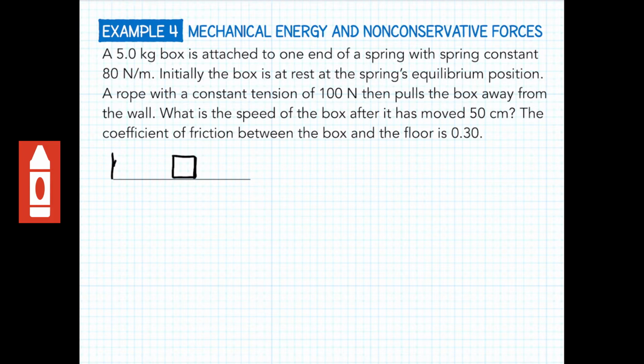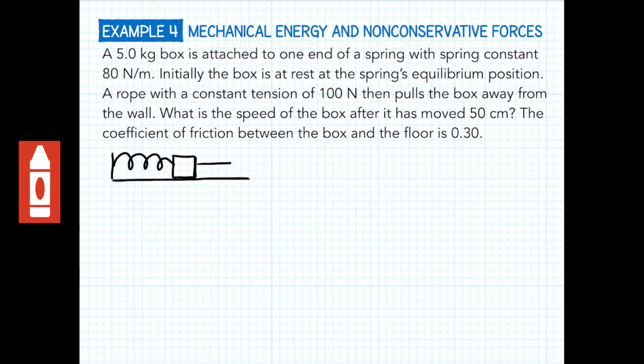Okay, here's our spring. And then we have a rope with constant tension this way. Okay. Why does the rope have constant tension? Just mostly to make the math easier, right? Okay, so this is our before situation.